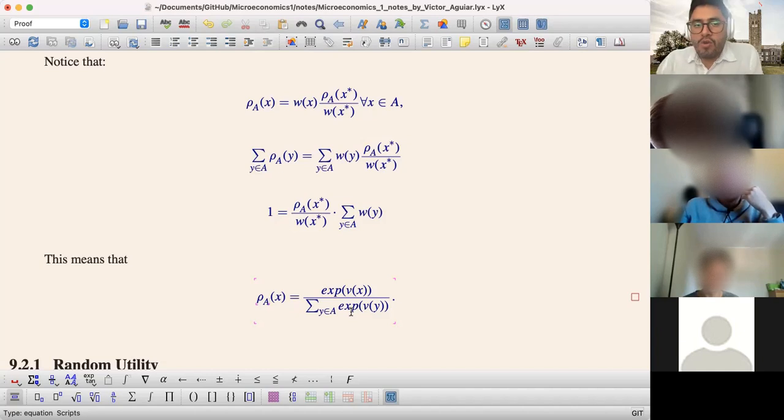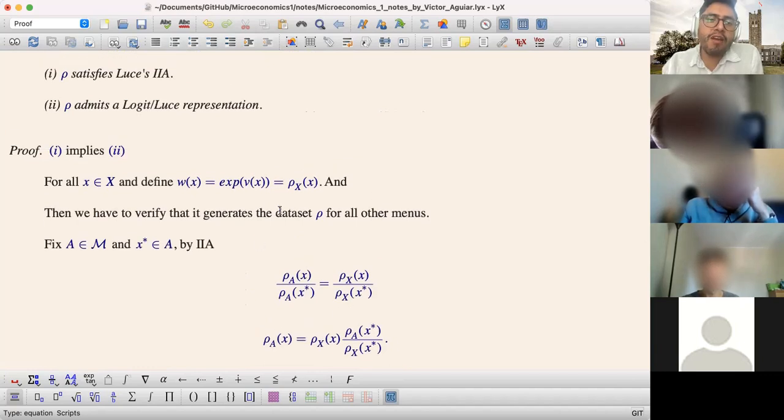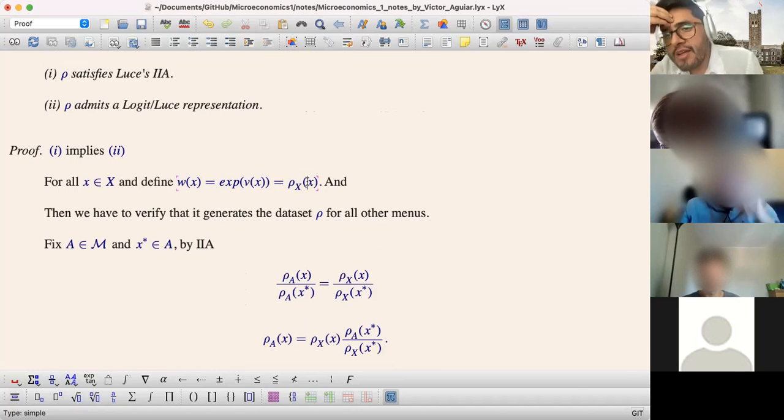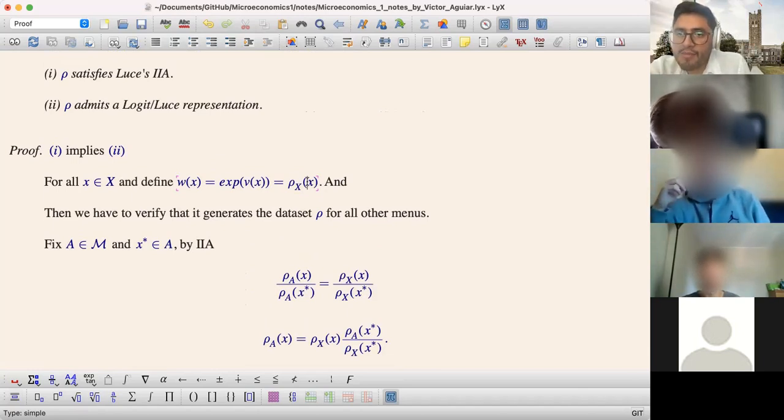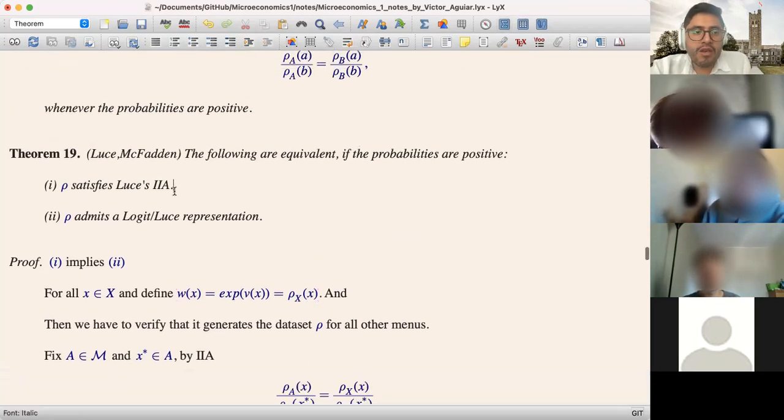Okay, so any question here? This is a super simple proof, because the mean utility is just equal to the probability. That's the only trick. Once you have obtained it by IIA, you can use that mean utility to generate the rest of the data. So now we have characterized the model.